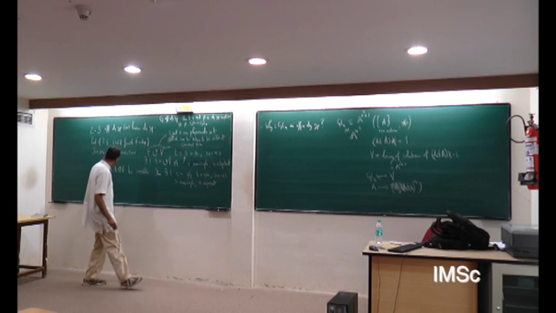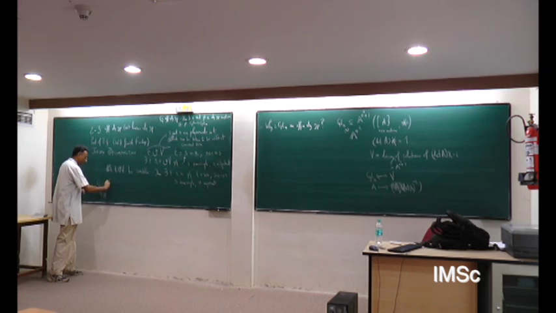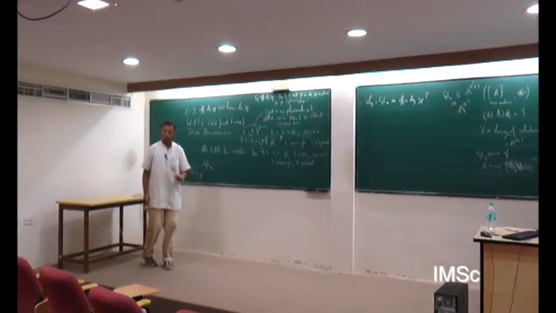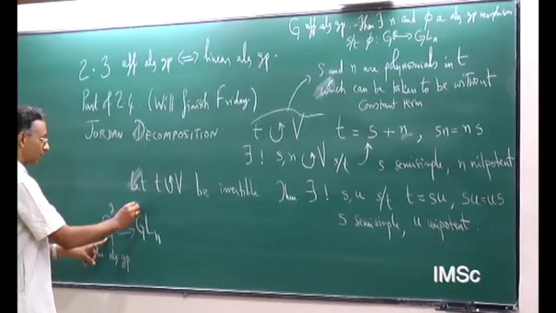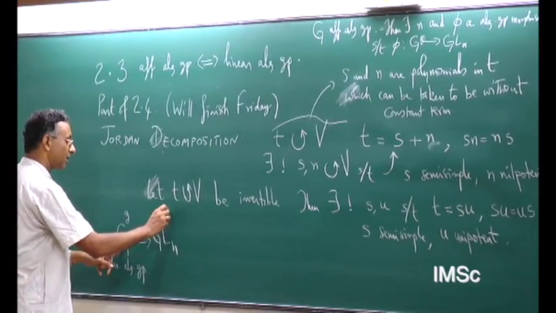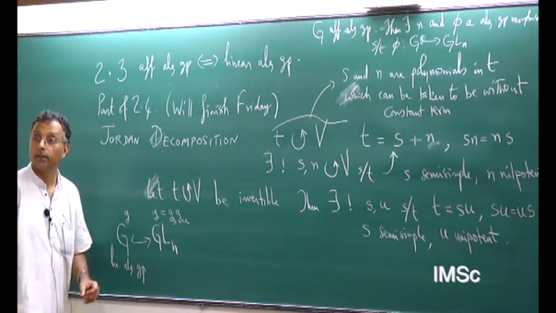Now, by the first result, I can take my G and embed it in some GLN, and think of an element g here. Write this as S times U, or gS times gU as it is commonly written.